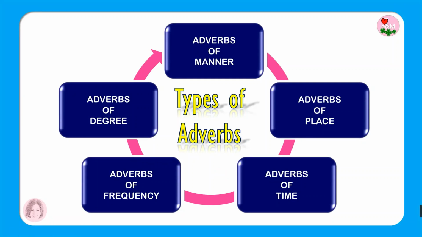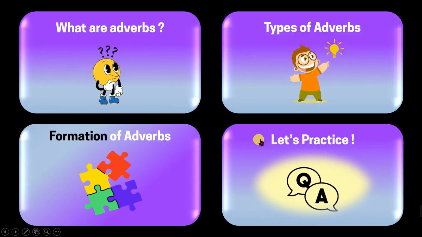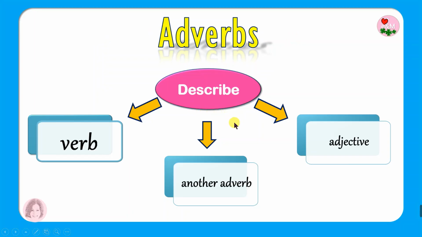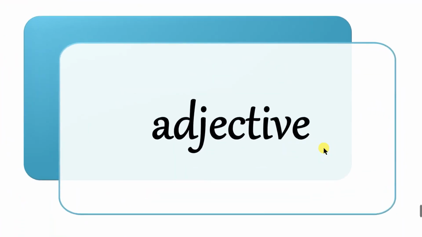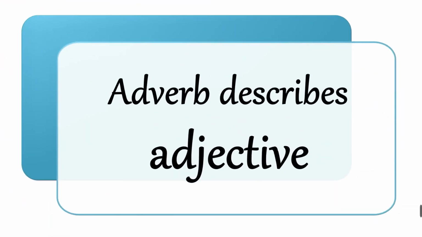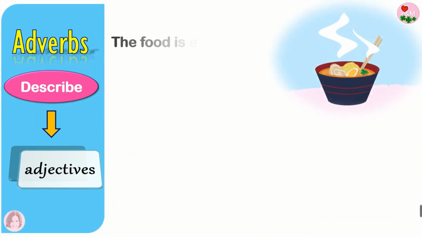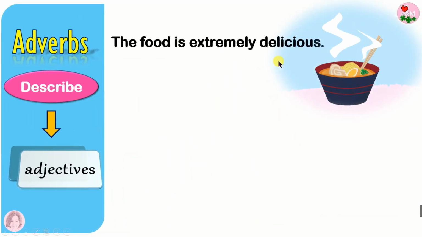After knowing the types of adverbs, now let's look at some examples of adverbs that describe adjectives. For example, the food is extremely delicious.